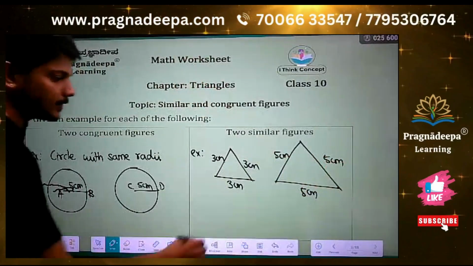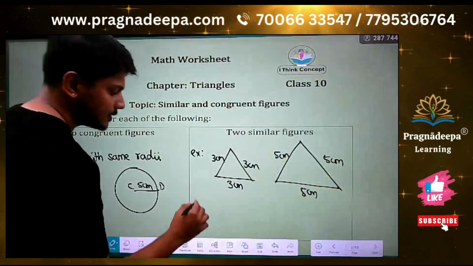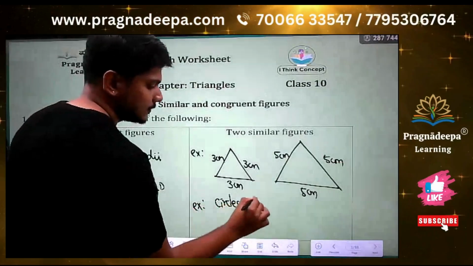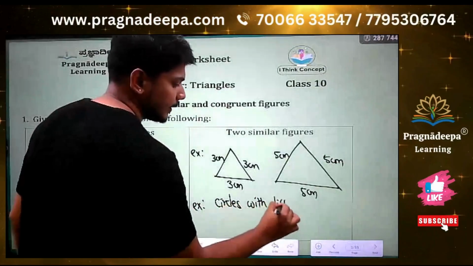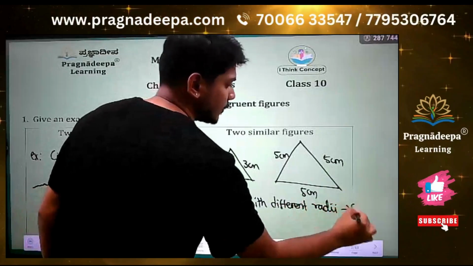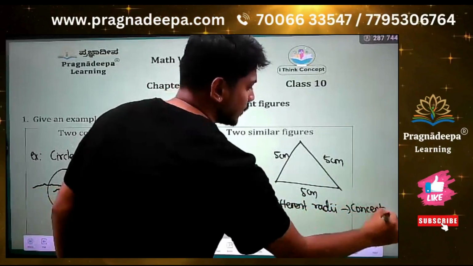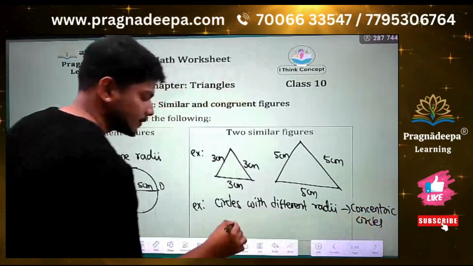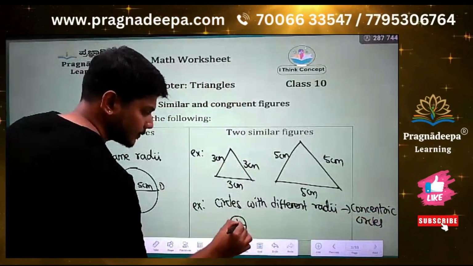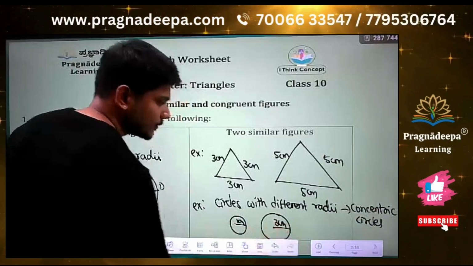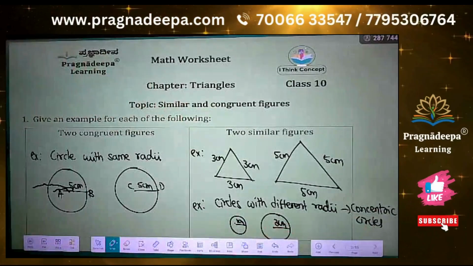Also you can give the example of circles with different radii, concentric circles. All concentric circles are similar.